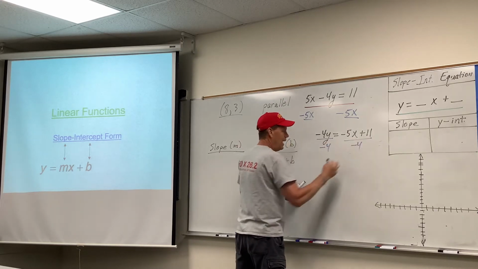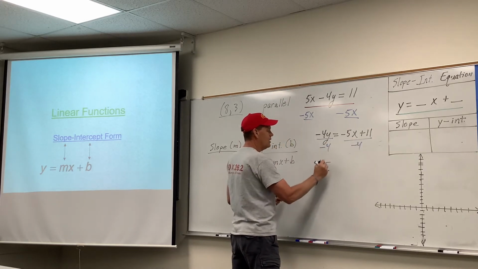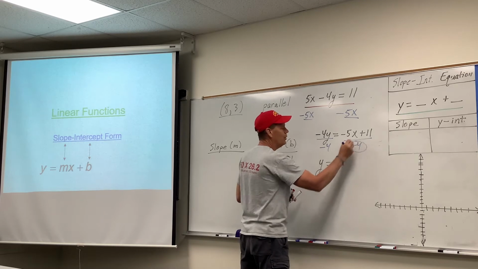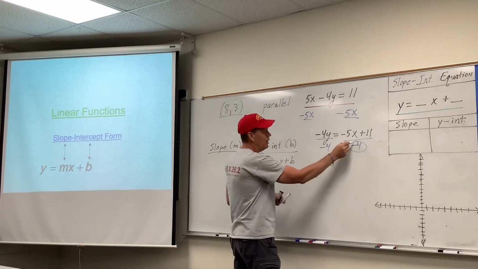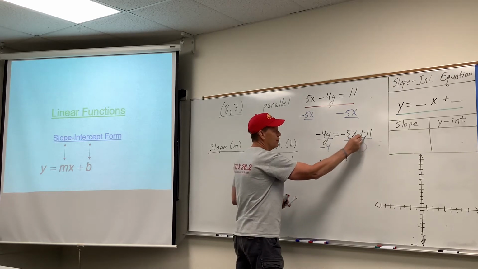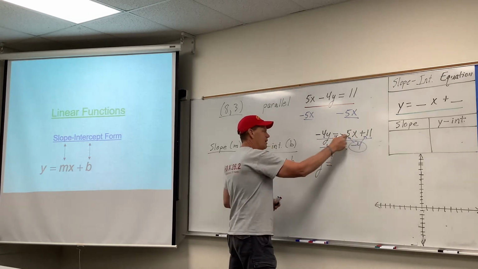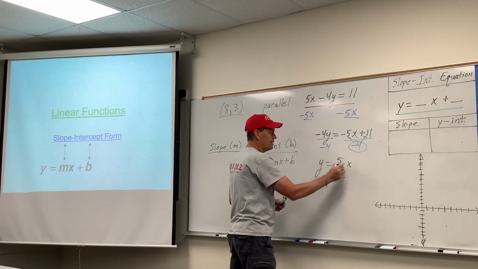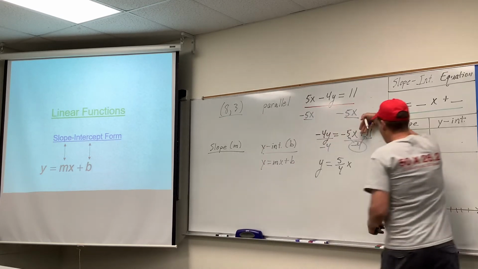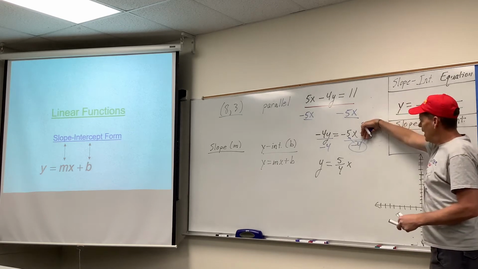And y turns out to equal, now remember, when you're dividing by a single number, you can apply that division to all the terms upstairs. So negative 5 over negative 4 becomes positive 5/4 x when we apply it to that term. In essence, the negatives cancel each other, 5/4 x.